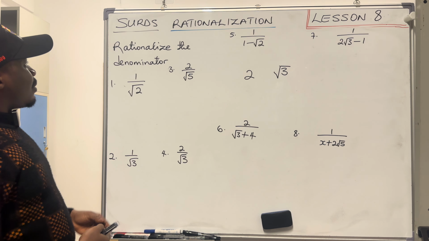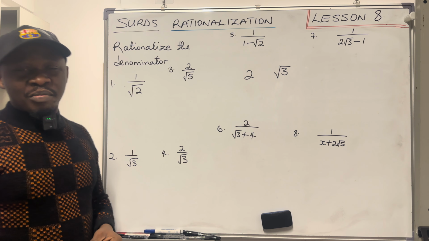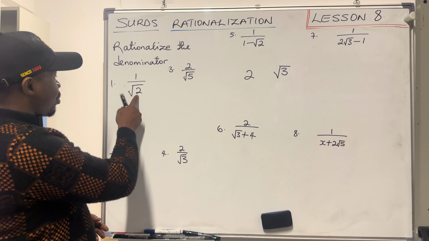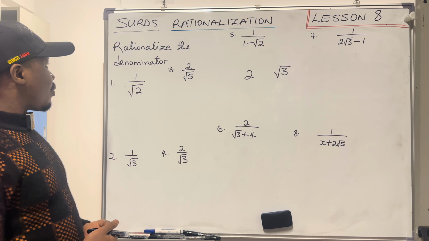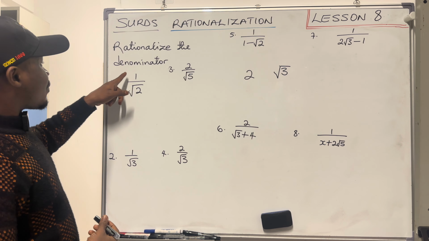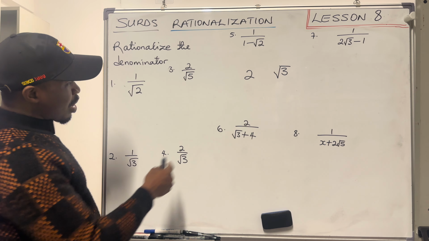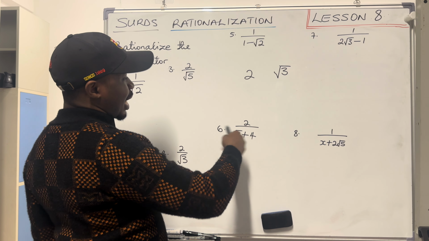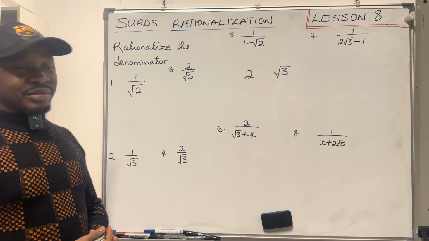So if we decide to rationalize the denominator, meaning we want to make the denominator become rational, we cannot have 1 and say, let us try to rationalize the numerator, because it is already a rational number.